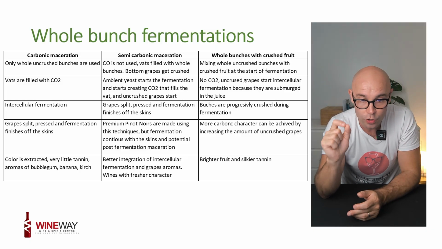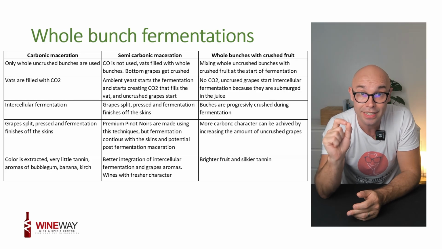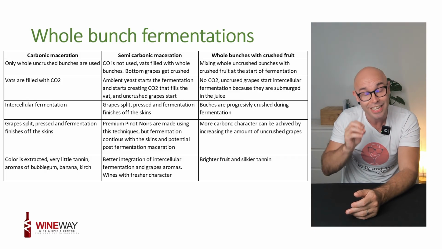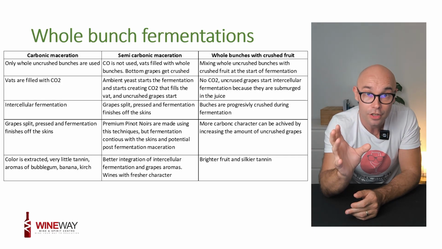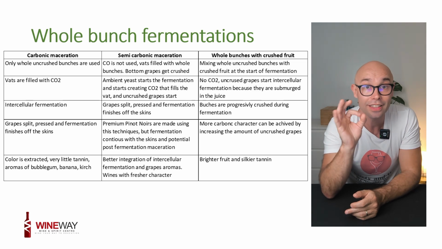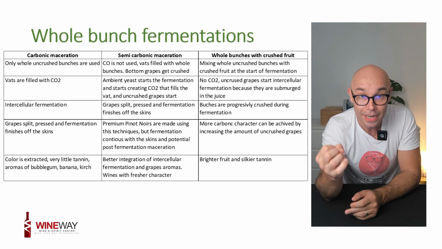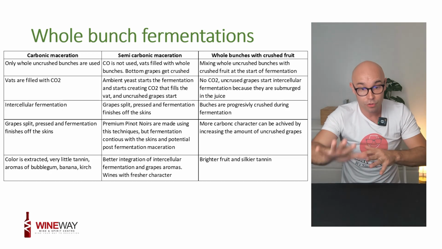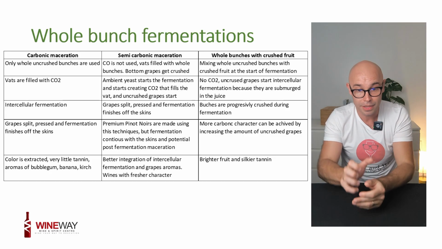No CO2 is used. Uncrushed grapes start intercellular fermentation because they are submerged in the juice. Because they're submerged in the juice, there's a lack of oxygen, and the grapes start the intercellular fermentation because of that. Bunches are progressively crushed during the fermentation.